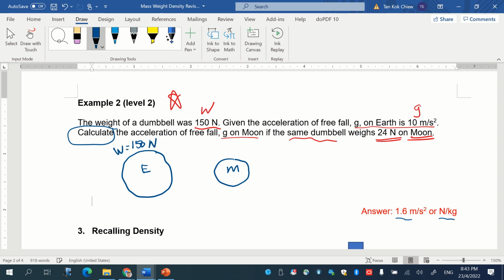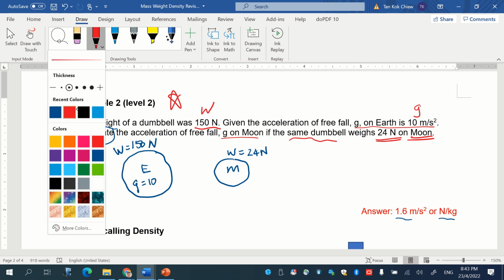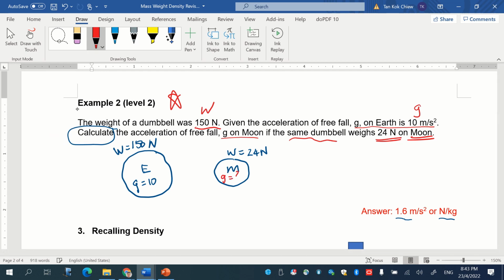That's the weight. And on the Moon, the weight is 24 Newton. Of course, the G value on Earth is equal to 10. But the G value on Moon is what we need to find out. We don't know.